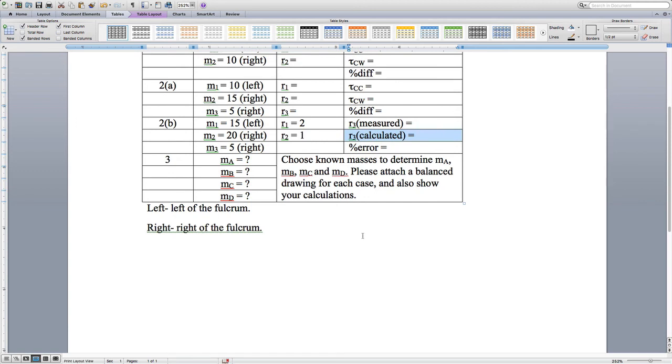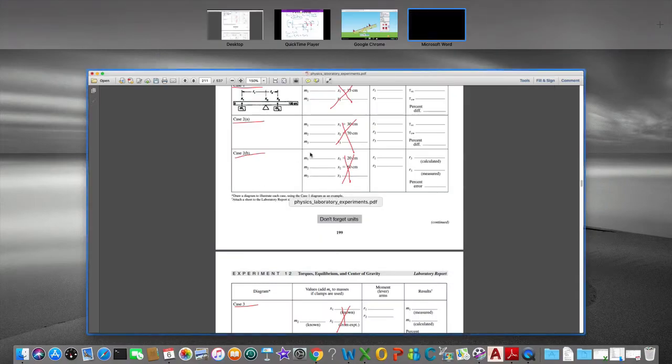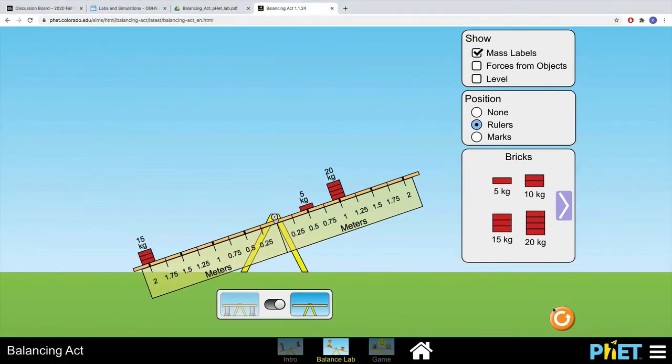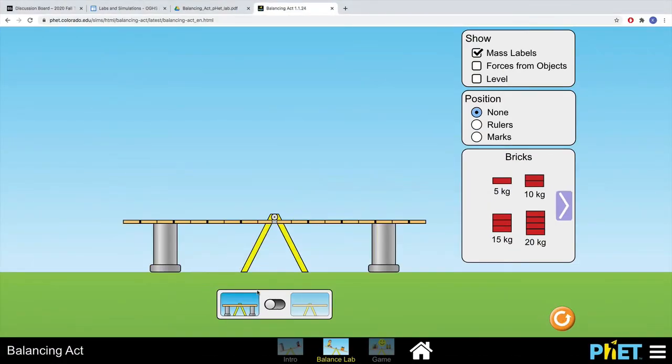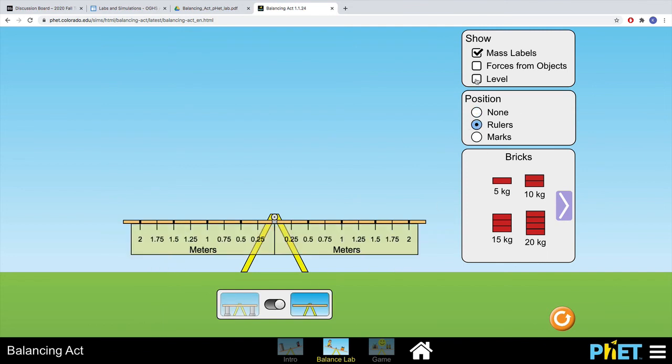Then the last and the fun part: there are mysterious masses in the simulation. Mass A, mass B, mass C, mass D. Those masses are not known. So what you're expected to do is reset the whole system and put it here. Rulers are good and levels are good if you want.